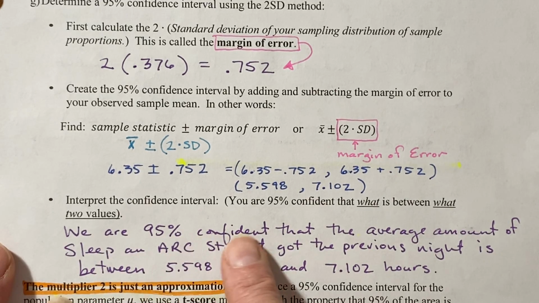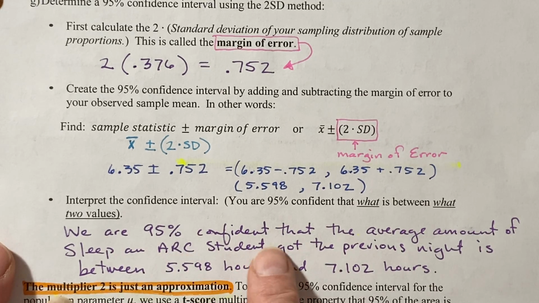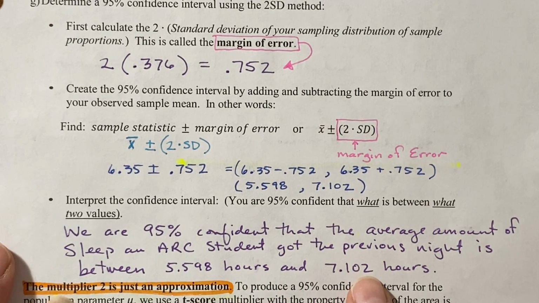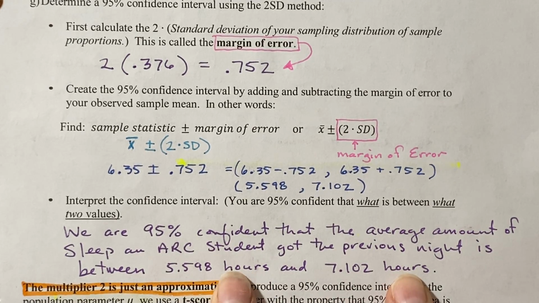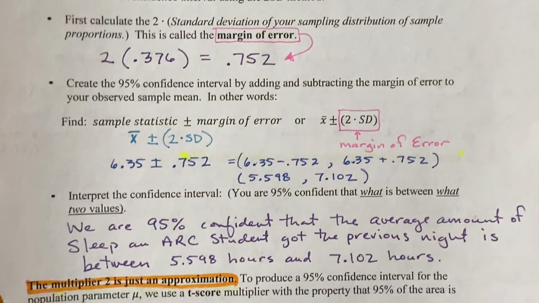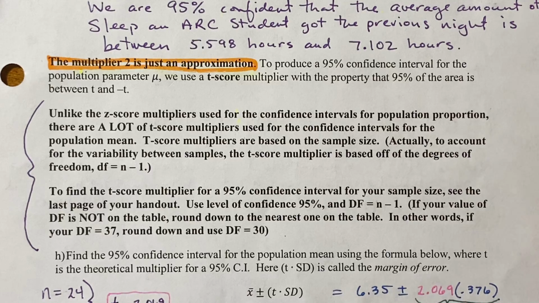We are 95% confident that the average amount of sleep an ARC student got the previous night is between 5.598 hours and 7.102 hours. There's my units, hours. We need to have the units on there when we're talking about means because they change from problem to problem. So again, 2 is just the approximate 95% confidence interval.